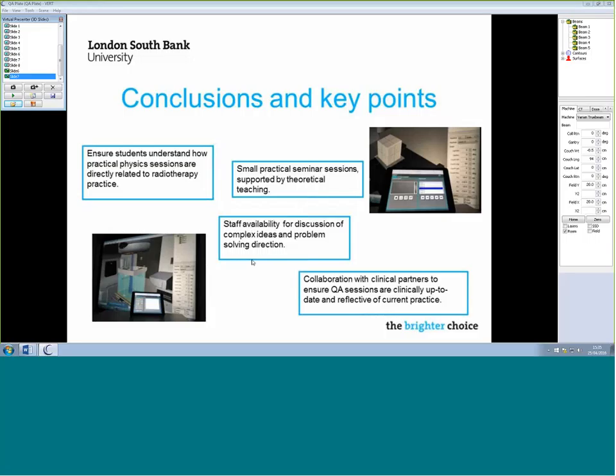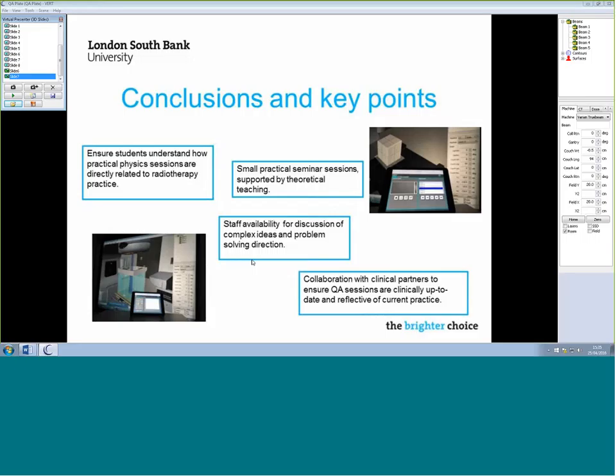We've always ensured that for physics, staff are available for the discussion of any complex ideas and problem-solving direction. This is quite unusual for us here at London Southbank, because when we use VERT traditionally, it's always been for anatomy and problem solving around anatomy and techniques, and we have generally left the students to complete those discussions by themselves, peer assess and self-assess their progression.